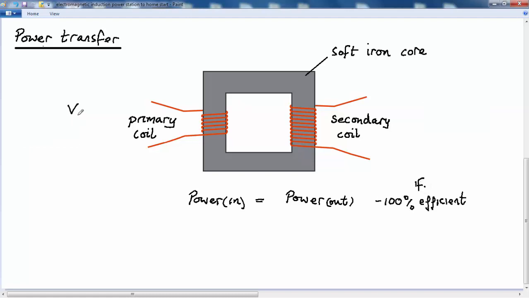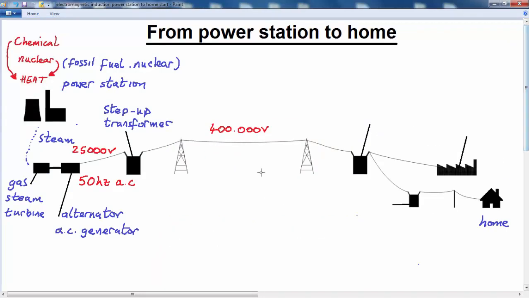If we've got the input voltage Vp and the input current Ip, and then the output voltage Vs and the output current Is, then we can say that Vp times Ip is equal to Vs, voltage out, times Is, the current out.